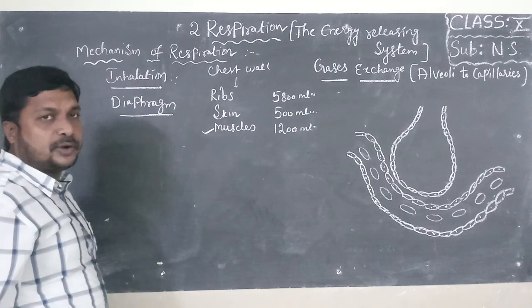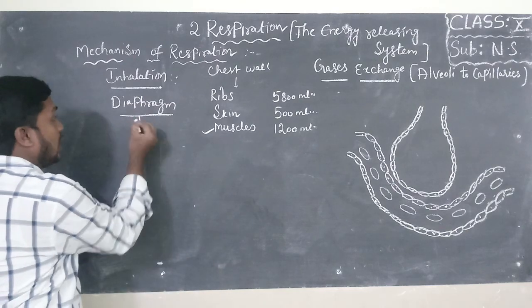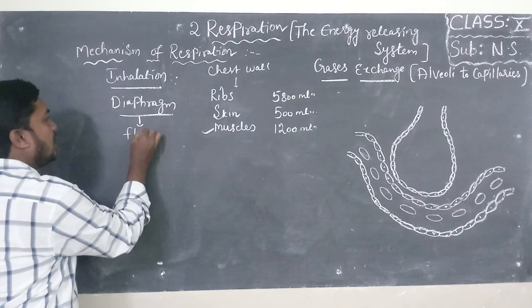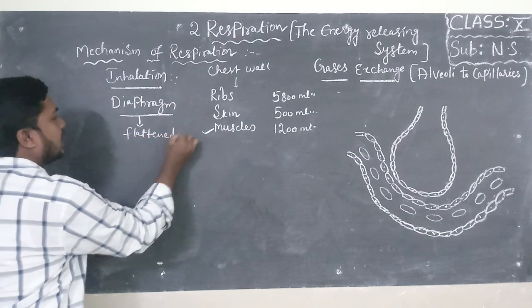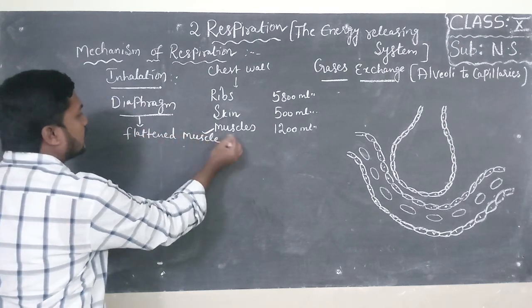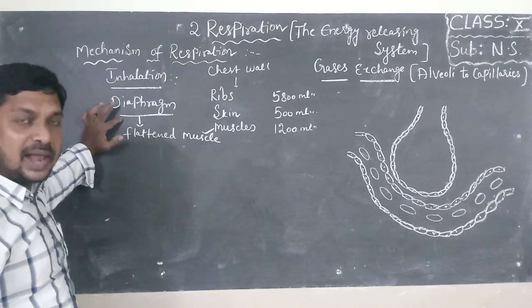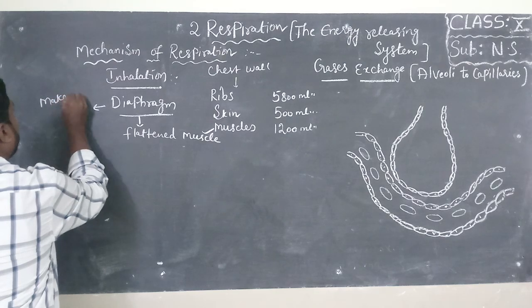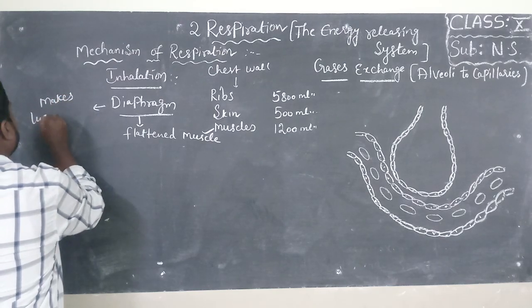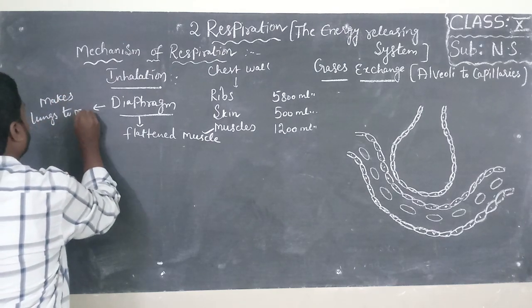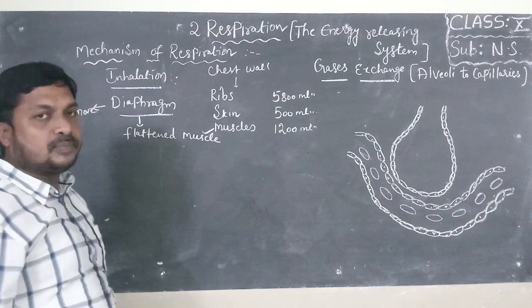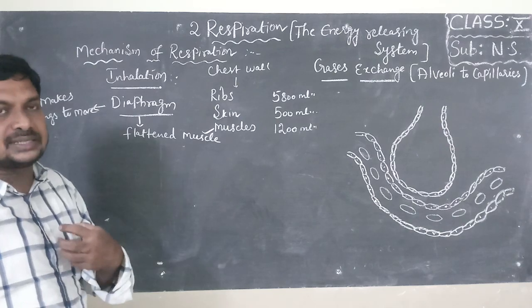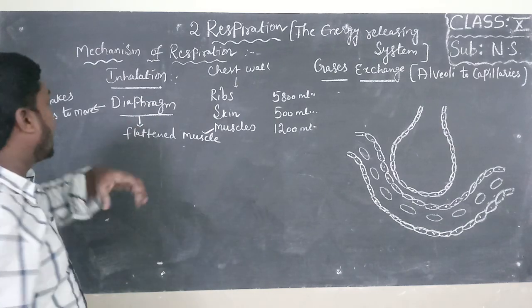What is meant by diaphragm? Diaphragm is a muscular flattened muscle which helps the lungs to move forward and backward.